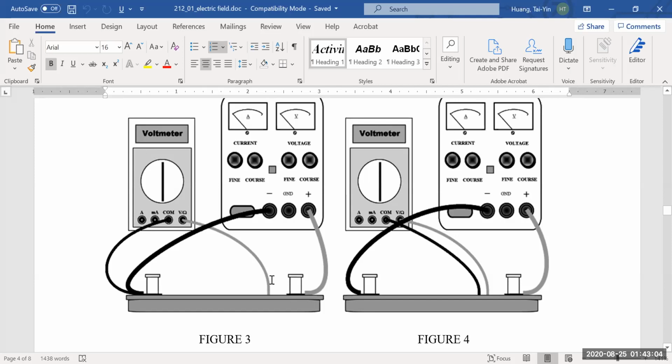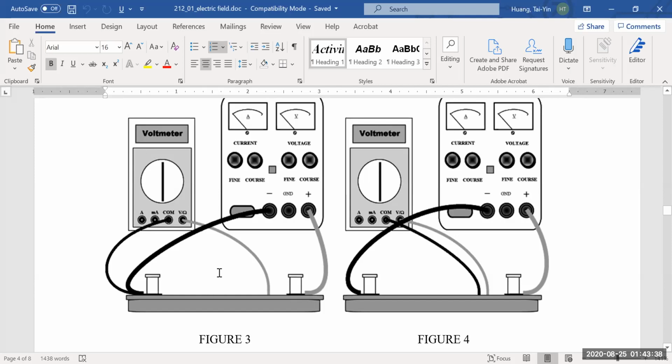In other words, you want to find a point on the same circle that has the same reading, and once you find the points that have the same reading, it will form a circle, and then you move on from the positive charge all the way to the negative charge. So this one is a probe, and this is a voltmeter. The COM here is connected to the negative side of the power supply as a reference.